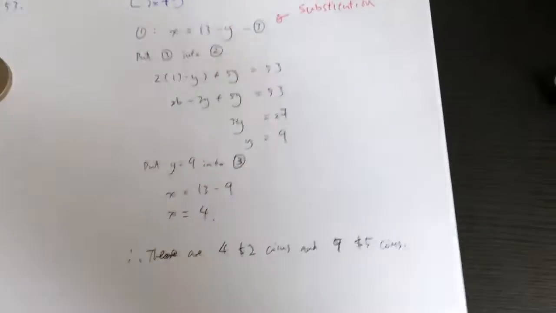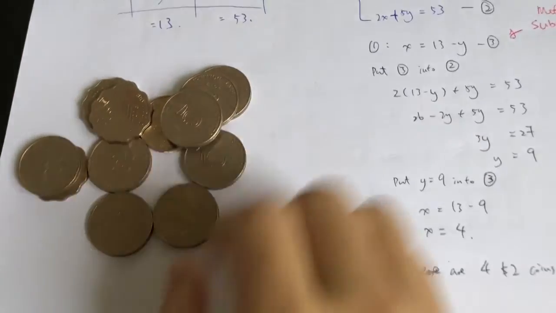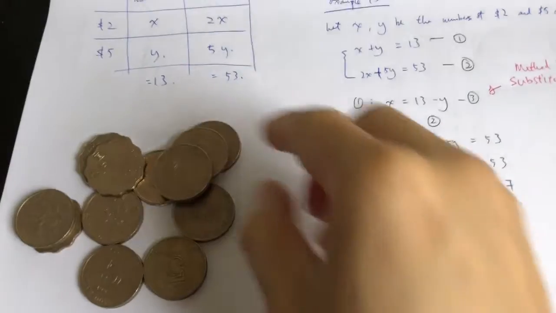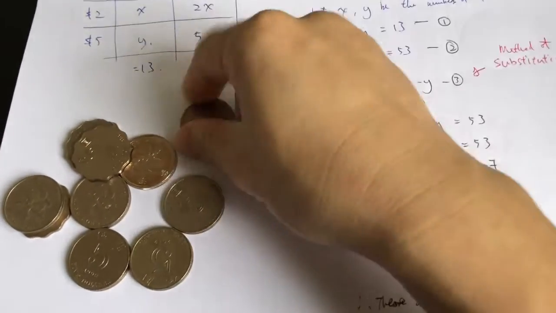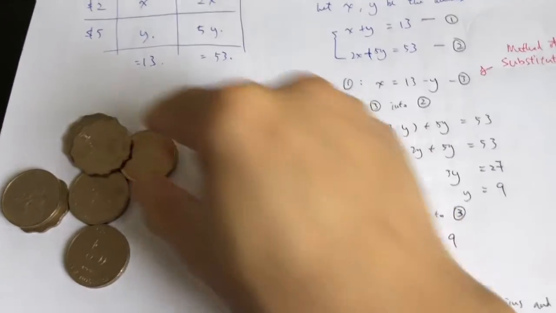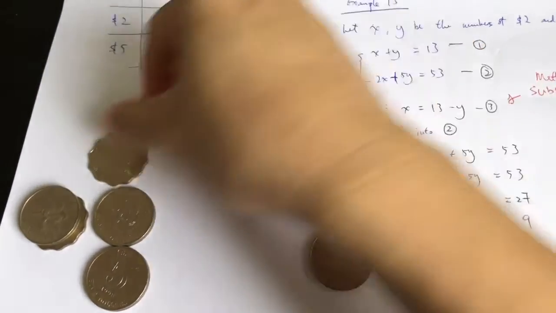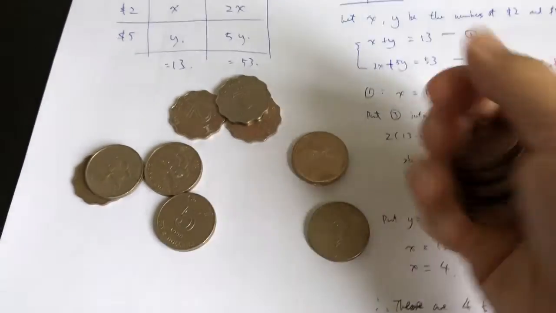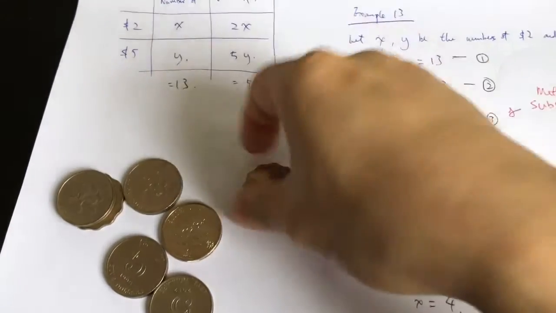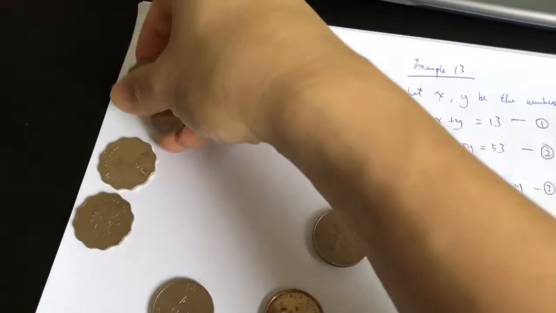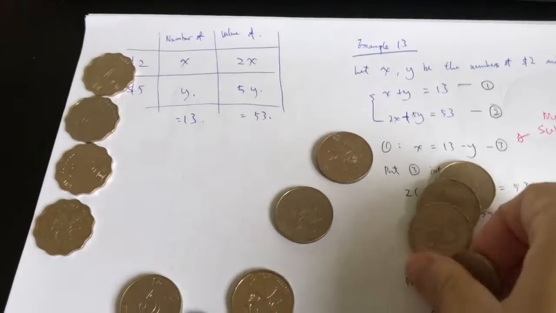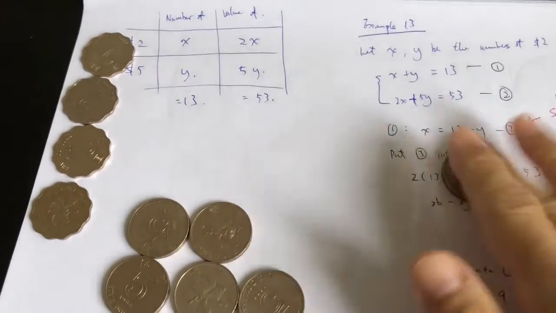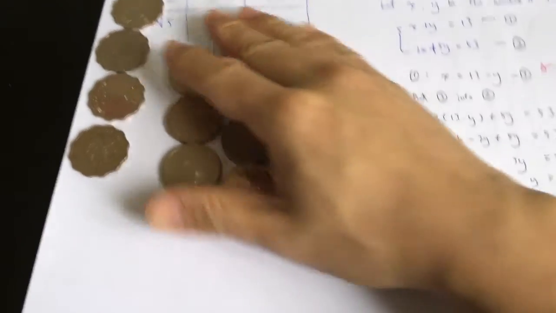Okay, so let's check it. So here we have 13 coins. So 1, 2, 3, 4, 5, 6, 7, 8, 9, 10, 11, 12, 13. Okay, and then here we have 4 $2 coins. Okay, and then 9 $5 coins.